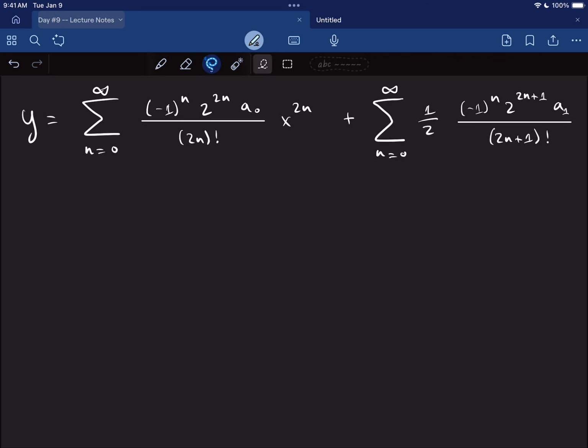Cool. We're going to have to do just a small amount of rewriting. First things first, this 1/2 out front. Don't need it inside the power series. This A1, this A naught, they're also going out front. Boom. We'll start with that.